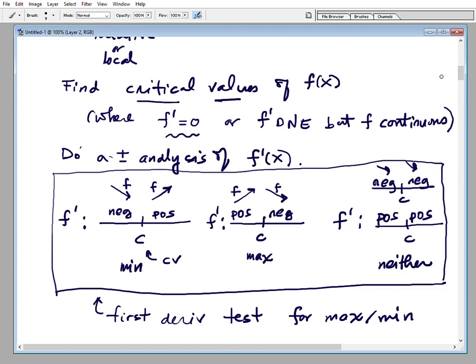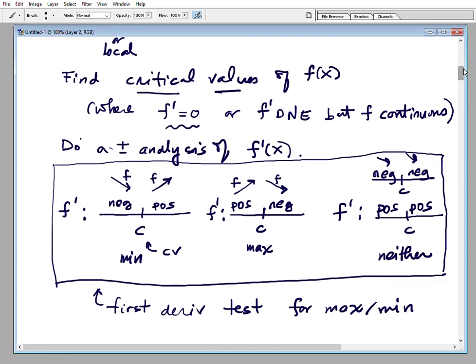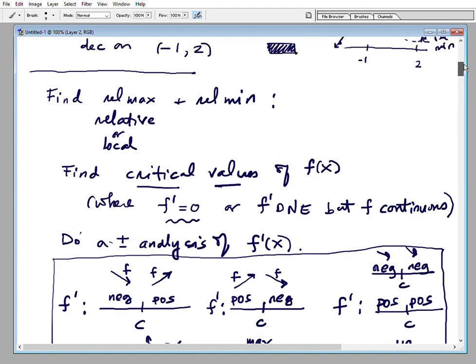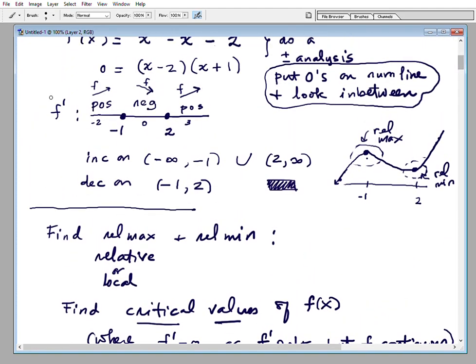So if we look at what we saw above, it's easy to see what the situation is here. Just from the way it looks, you see up and down, this one's a max. That one's a max. Down, up, this one's a min. You see that one's a max, and that one's a min.